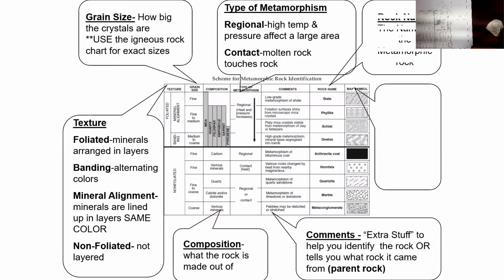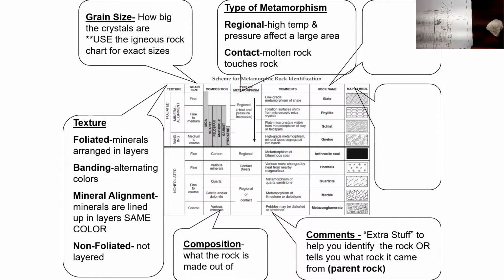So the comments section says extra stuff to help you identify the rock, or it tells you what the rock came from, and that's actually the parent rock. So the ones that don't tell you where it came from will actually give you some helpful hints.